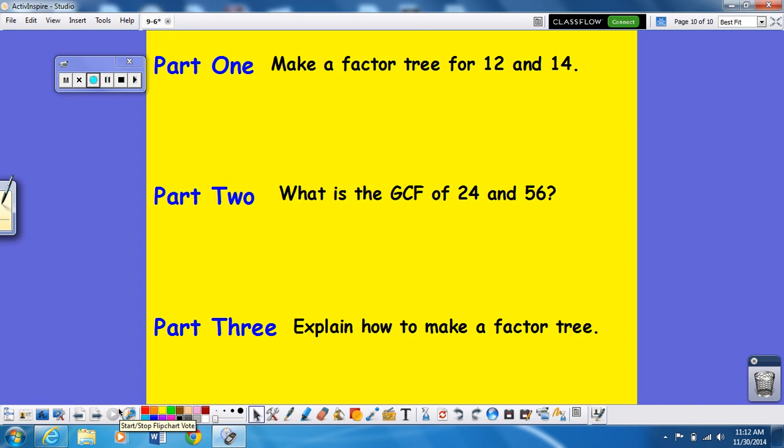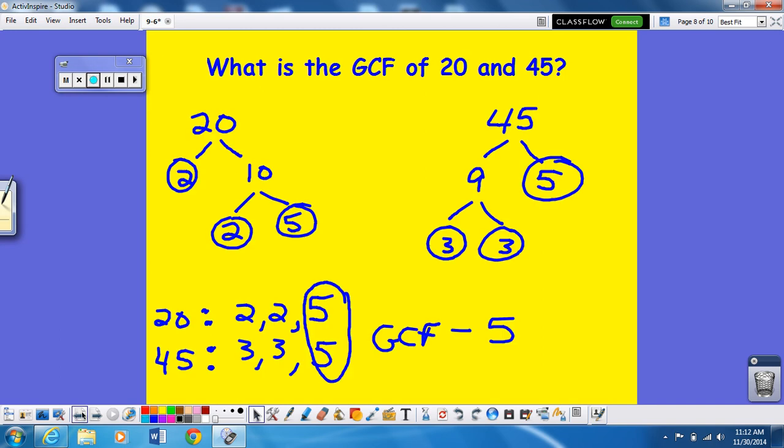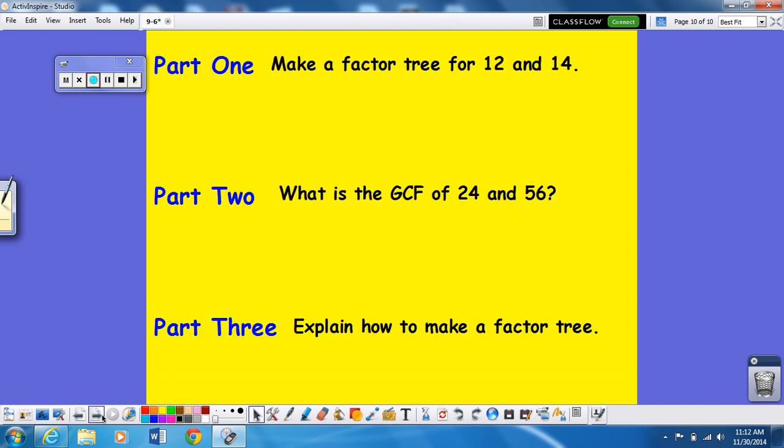All right, so here is what I'd like you to write on your notes page. In part 1, if you will make a factor tree for me for 12 and 14. Set your paper up in that section like I've been modeling, like I've been showing you here. Numbers here and here. And go ahead and make your tree for me for those two numbers, 12 and 14. Part 2 asks, what is the GCF of 24 and 56?